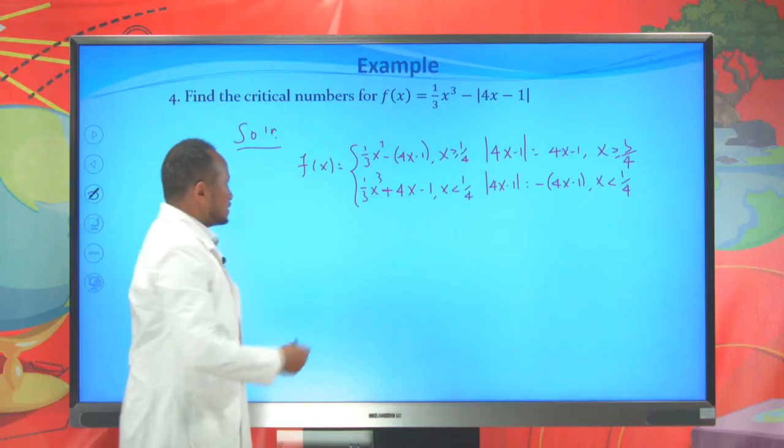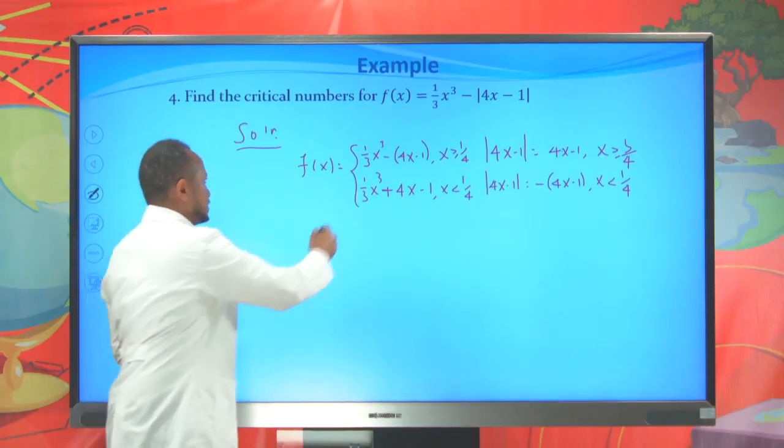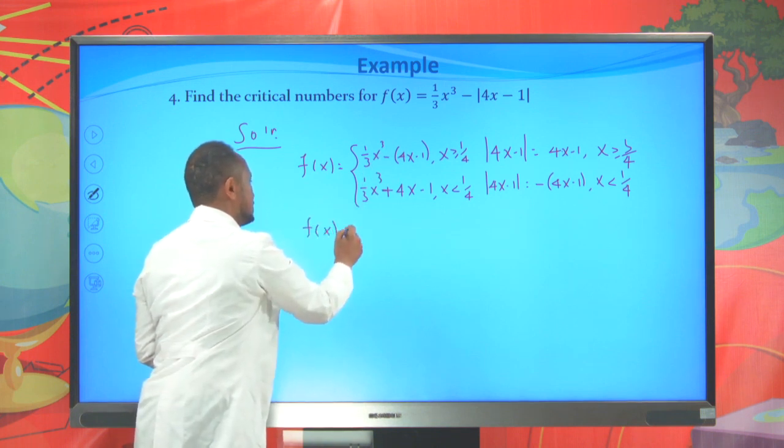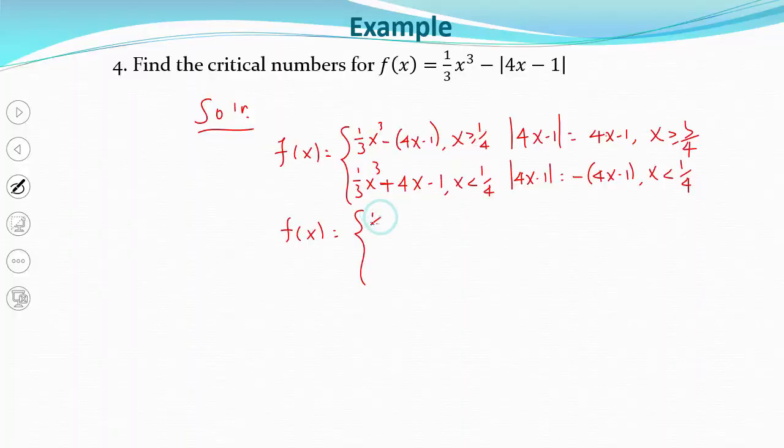Now let's find the derivative of this expression. Let me simplify this first. f(x) equals 1 over 3 x cubed minus 4x plus 1 for x greater than or equal to 1 over 4, and 1 over 3 x cubed plus 4x minus 1 for x less than 1 over 4.